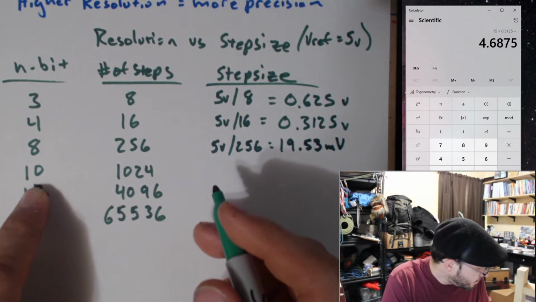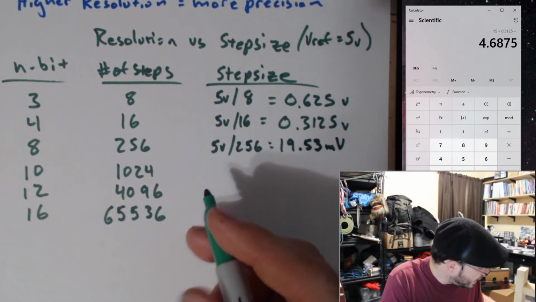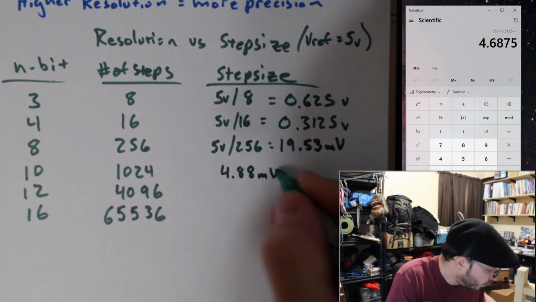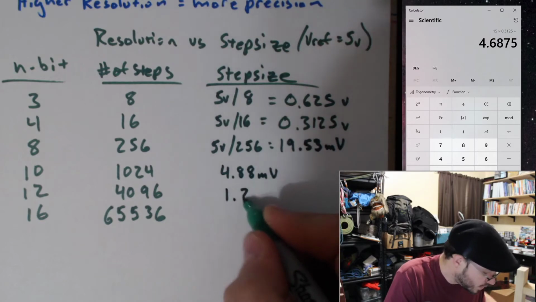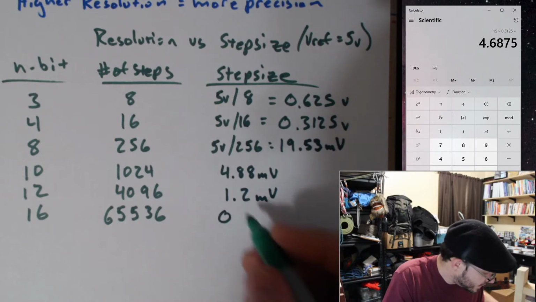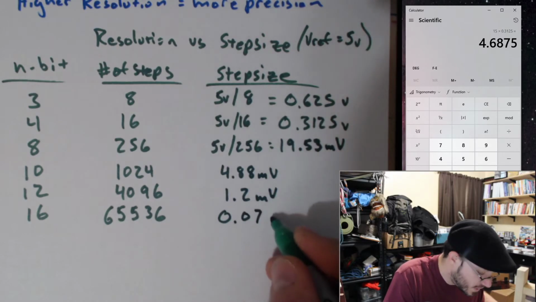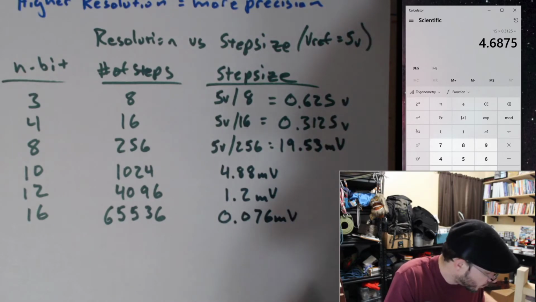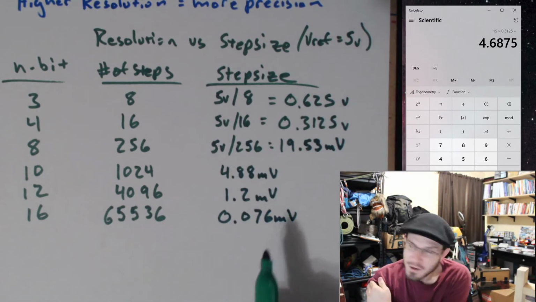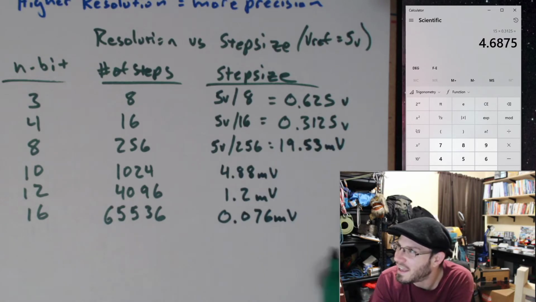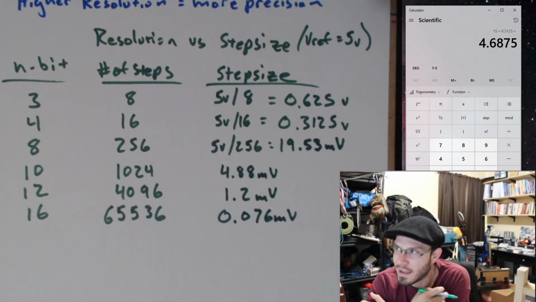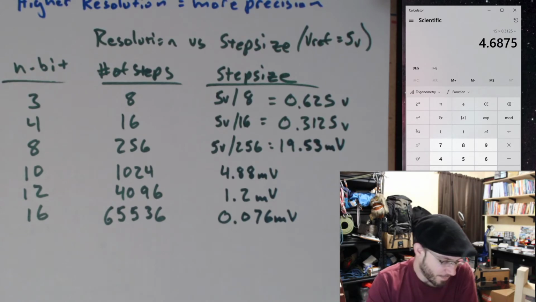For 10-bit, I'm just going to go ahead and write it. It would be 4.88 millivolts, 1.2 millivolts for 12-bit, and over here at 16-bit, 0.076 millivolts. Once you're in the microvolt range, it's hard to get higher resolution than that.